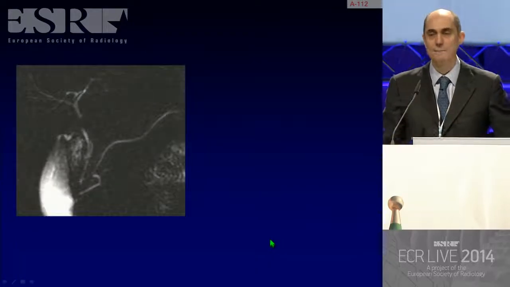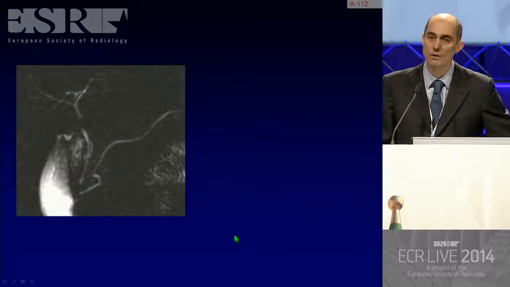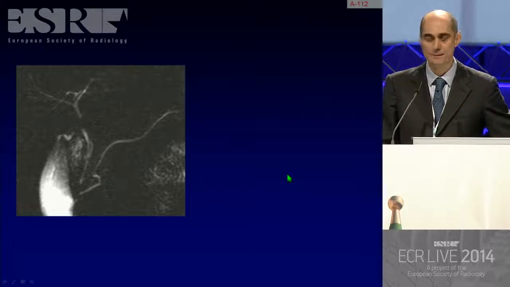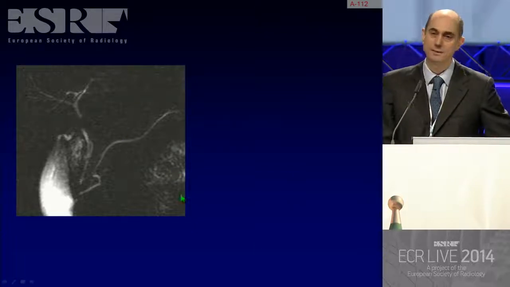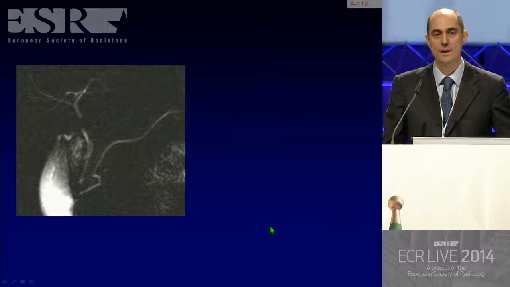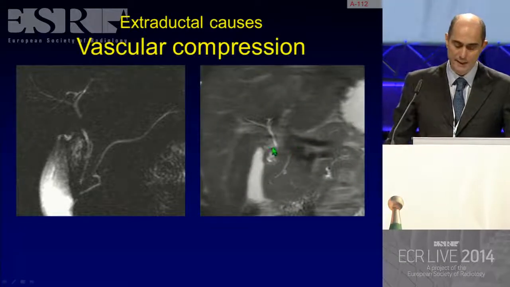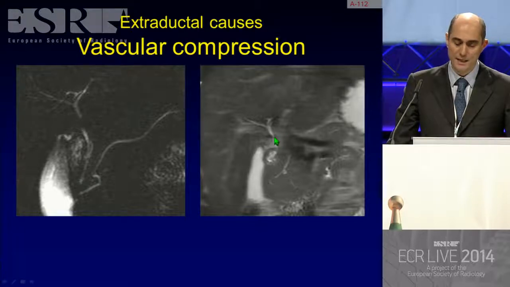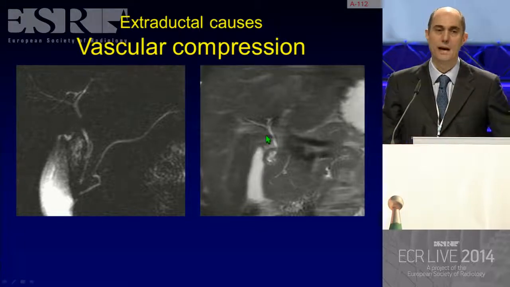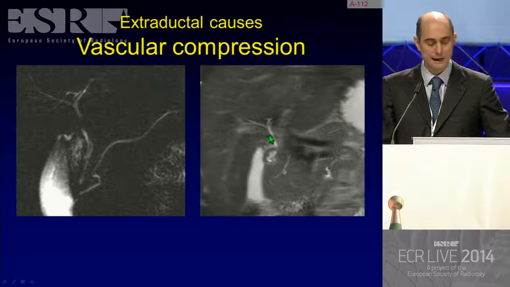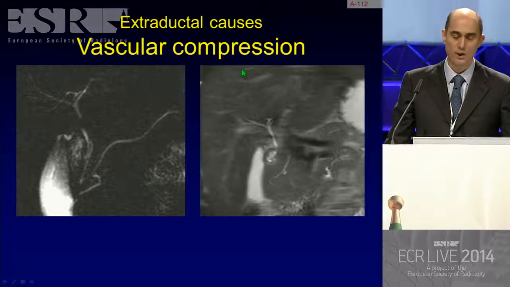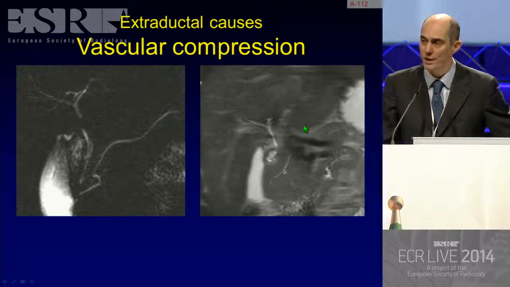But let's see this other patient. Is this a cholangiocarcinoma? Well, there are no dilated upstream ducts, so difficult. But what is this pitfall? This pitfall is the crossing of the right hepatic artery at the hepatic hilum, which causes vascular compression.